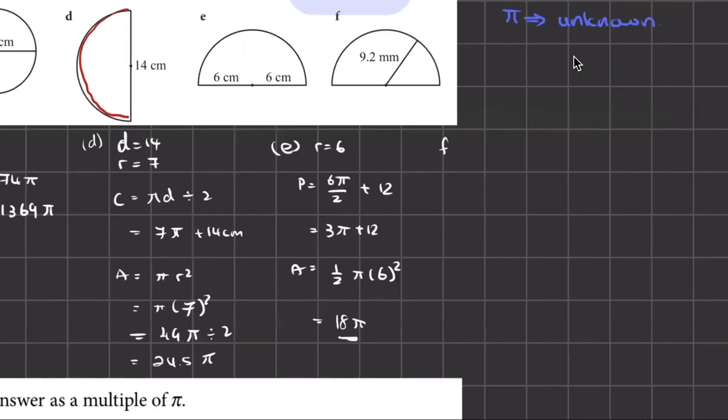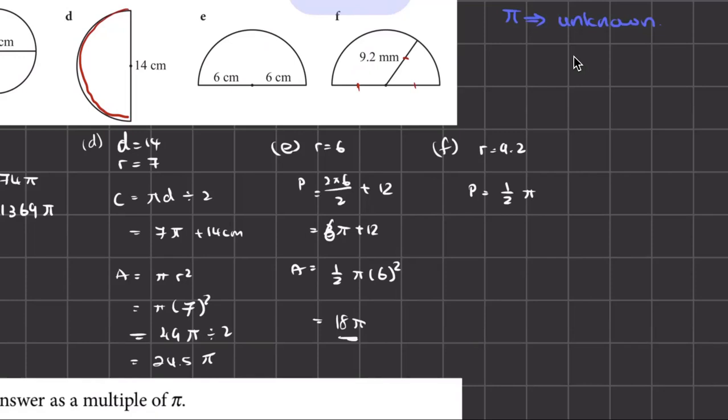Last one, F. Radius is 9.2. Look, this is 9.2. This is 9.2. This is also 9.2. So now we're going to find perimeter, half the circumference. Oh, wait, sorry. This is 6 here. My bad. It's 2 pi r divided by 2. 2 pi 6. Yes, my bad. Thank you.